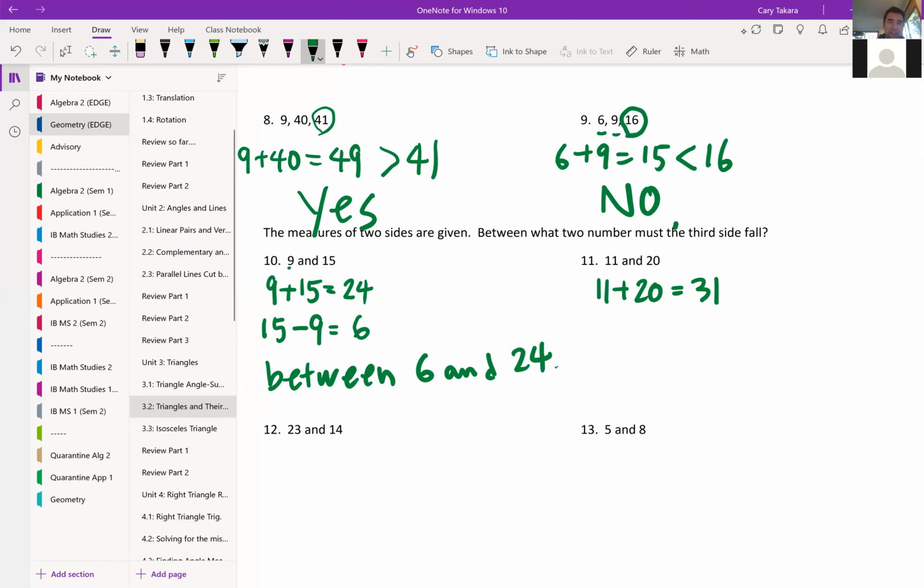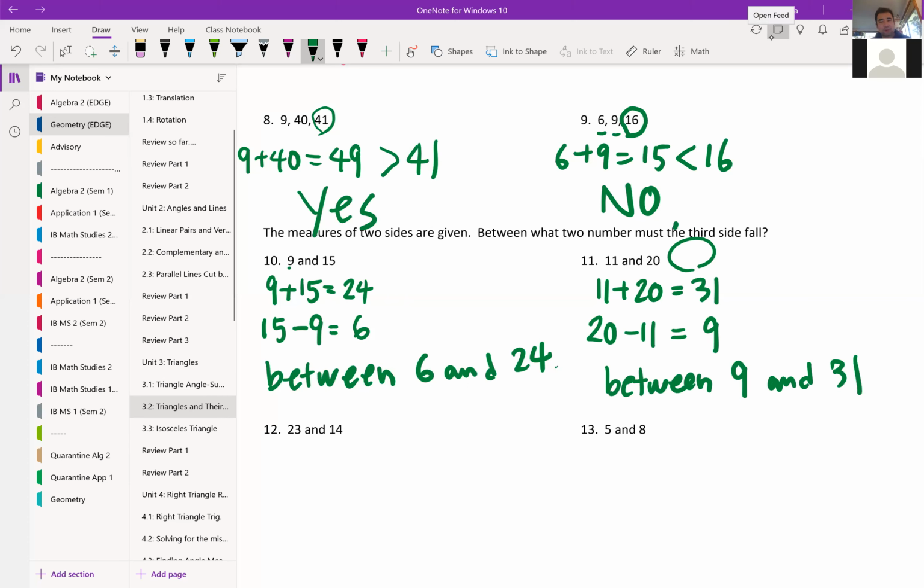Now, how low can you go? For that, you're going to find the difference. So you use the bigger number first, 20 minus 11, which is 9. So the third number needs to be between 9 and 31.